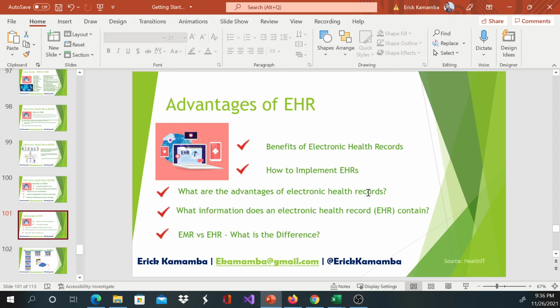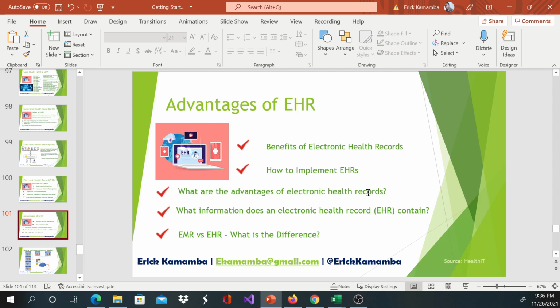Okay, we can see what information EHR really contains. So I have already mentioned some, but we can see the front end, and we can see even how to implement this, or how these systems interact. Okay, we can also learn about the difference between EMR and EHR.